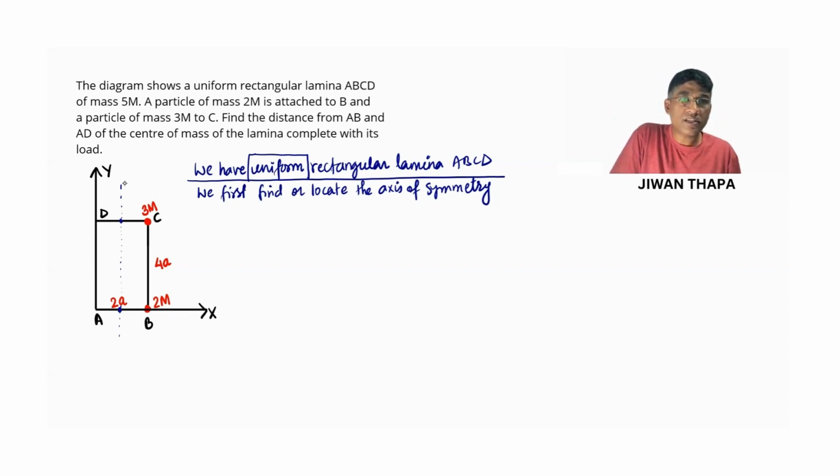So this dotted line represents one of the axes of symmetry.